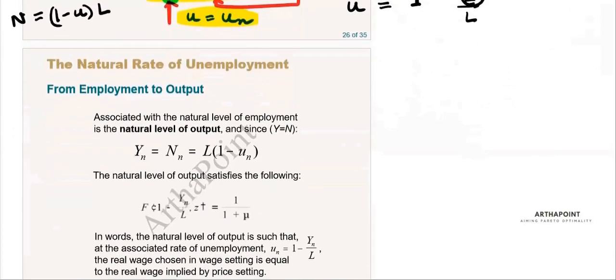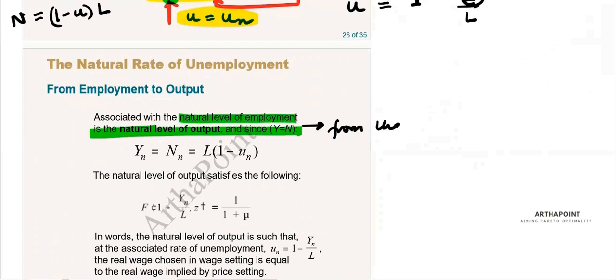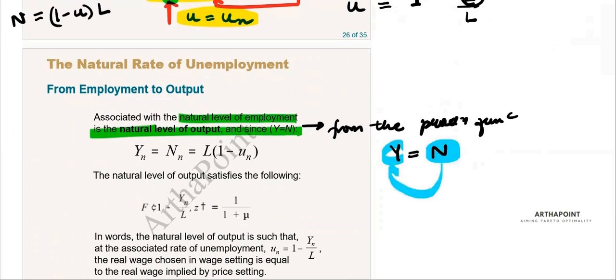Associated with the natural level of employment is the natural level of output. So remember, from the production function, we had studied that Y is equal to N. However much labor you employ, that much will be the level of output that you will produce.